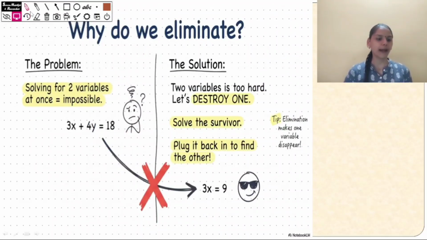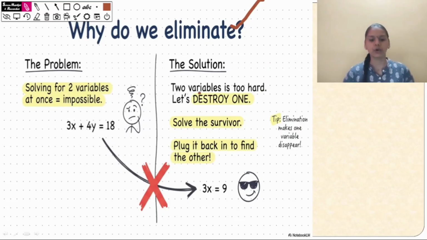So why should we eliminate? In the substitution method, when solving for two variables at once, you had multiple steps. You cannot solve it just in one go. But in the elimination method we can do that.